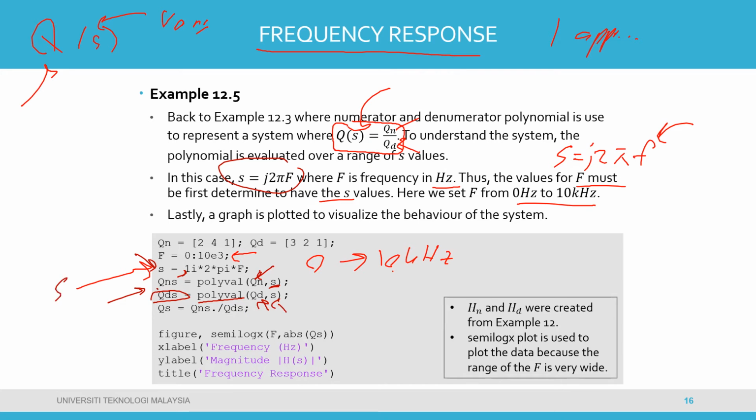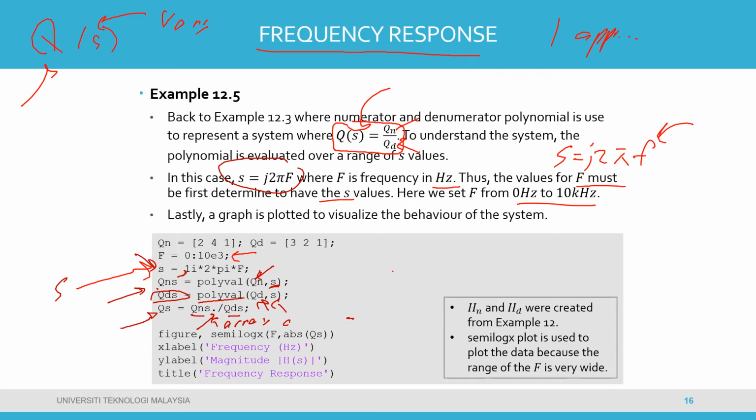And of course you have to divide to get the whole system. So basically Q numerator divided by Q denominator, because this is a vector, you have to do the array operation. Basically for array operation you have to put a dot. Don't forget to put the dot, if not it will not work. So you have completed the frequency response analysis.